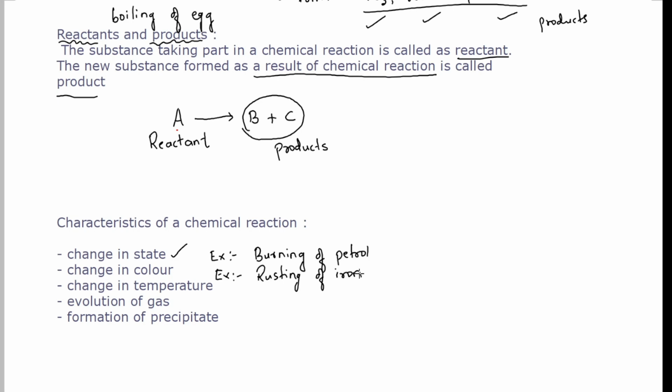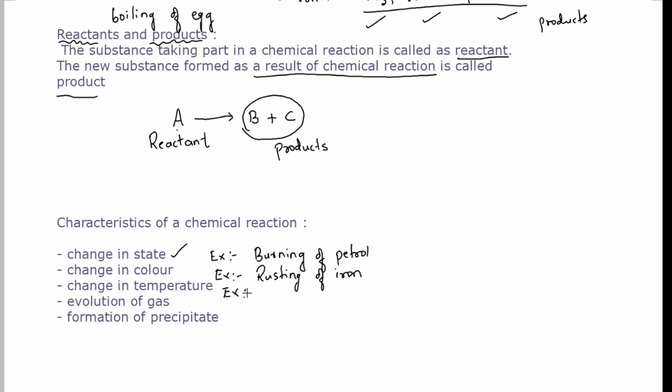When it undergoes rusting, what happens? A brown colored flaky substance is formed, which is oxide of iron, because the iron has undergone a chemical reaction. The shiny black material is converted into a brown, dull, flaky substance. There we observe the change in color.